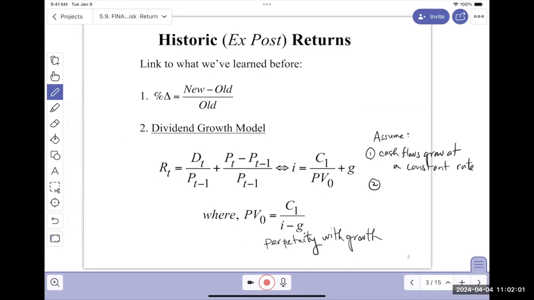And also that the first cash flow is one period from valuation. And we had a bunch of other things, but these are the key or the differentiating assumptions. So first cash flow, one period from valuation.